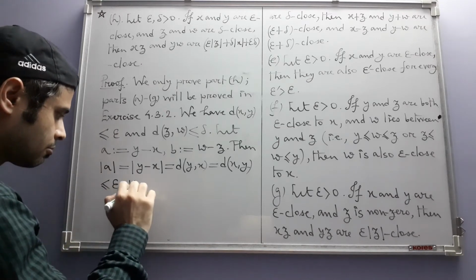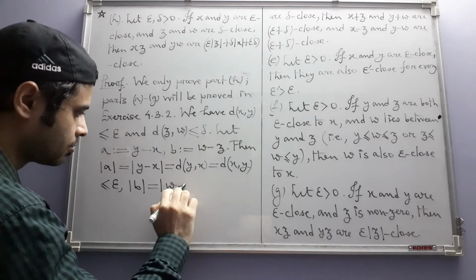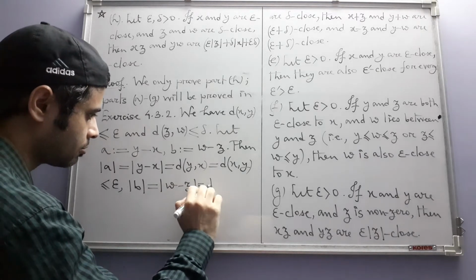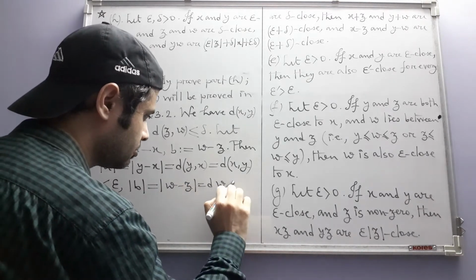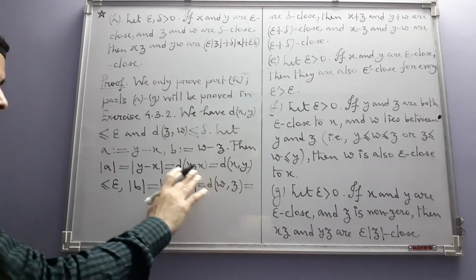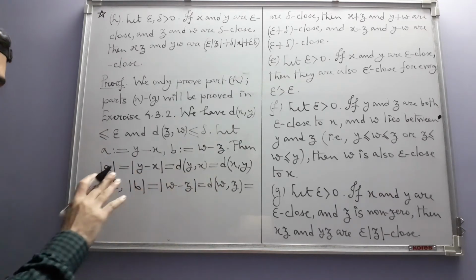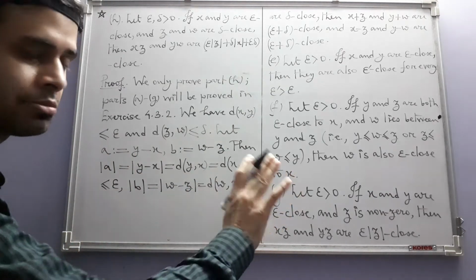Similarly, if you look at this, here we are not mentioning that because of symmetry of distance we have this. We assume that we already have it, although we have not proved that.